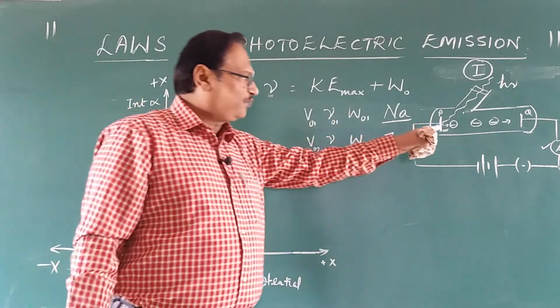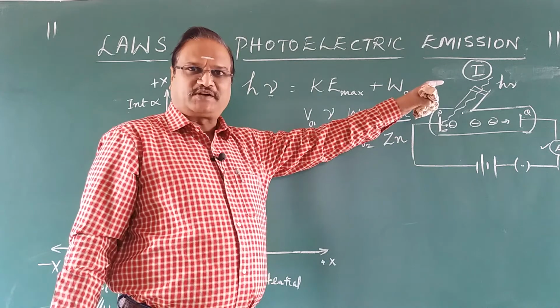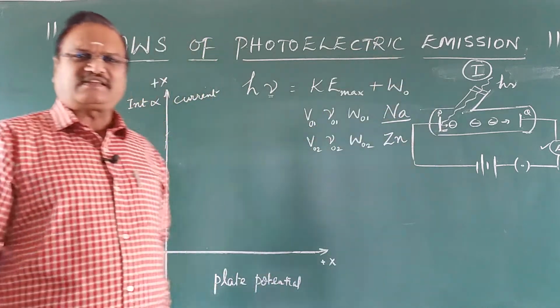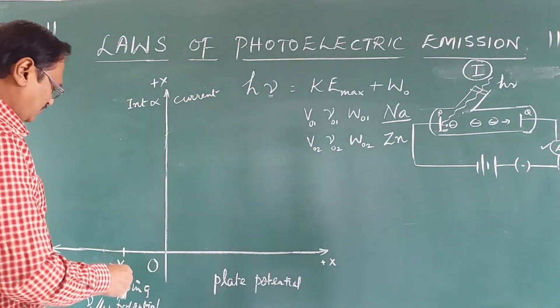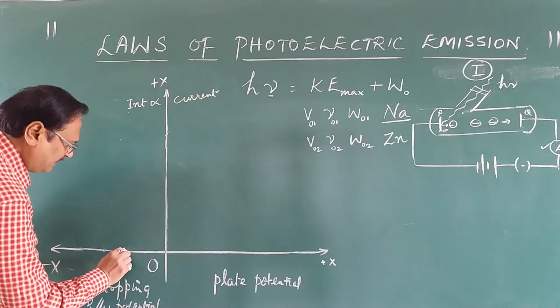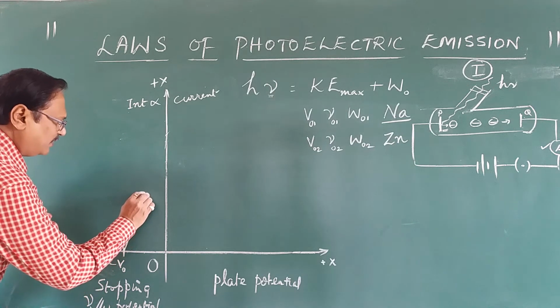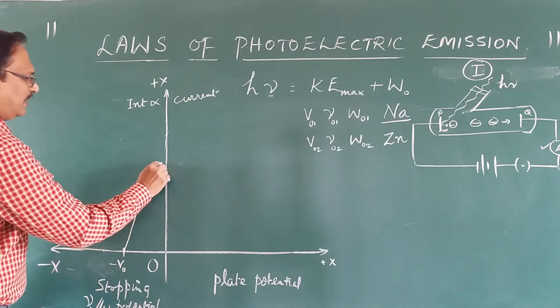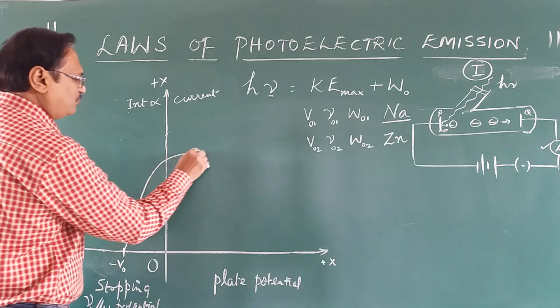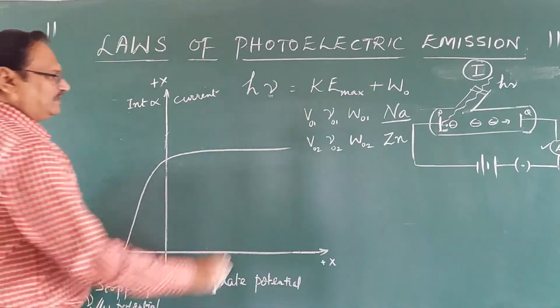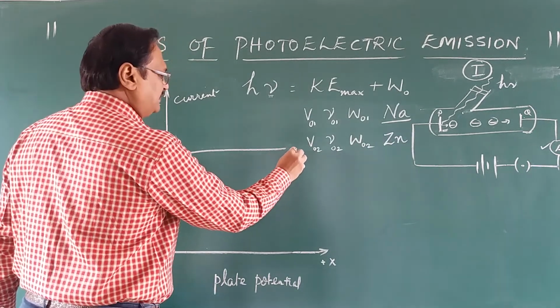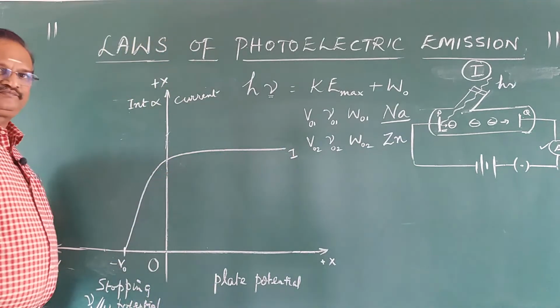Now first I take one plate and do the experiment with intensity. Let us say I am taking a 40 watt bulb intensity, and you will find that as I make it less negative and more positive, the current will come to a saturation value. Here the intensity of the light is the same.